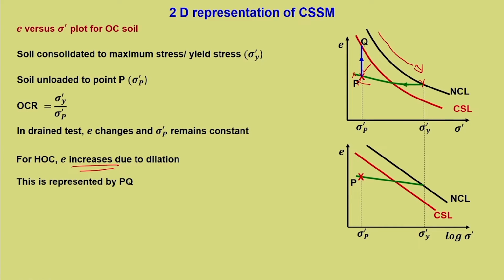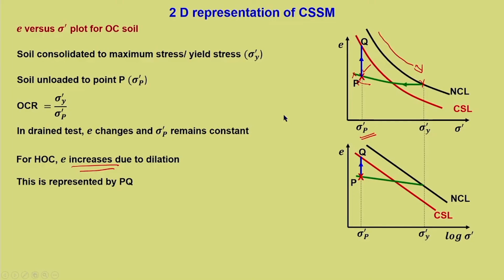And why is it moving vertically upwards? Because sigma_p' remains constant, because it is a drained test with excess water pressure 0. So, sigma_p' is not going to change, initial and final states are the same. Now, e, instead of moving downwards, is moving upwards. This is due to dilation which the OC soil undergoes during shearing.